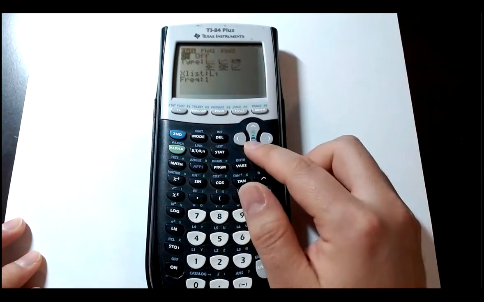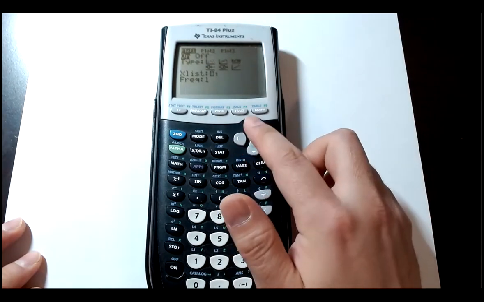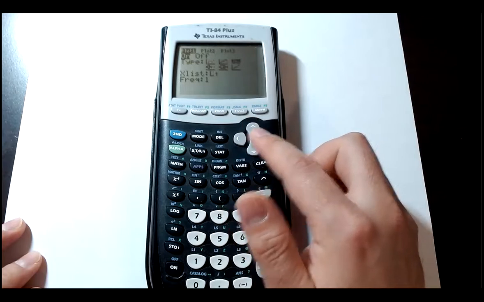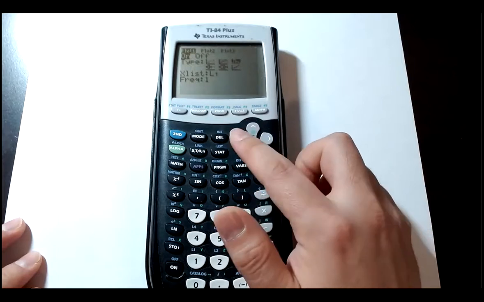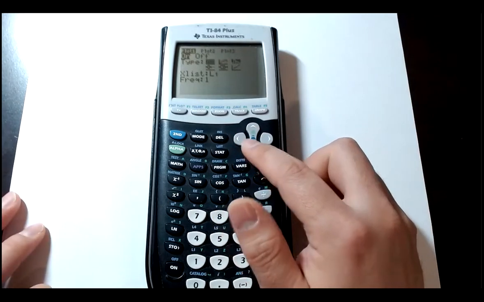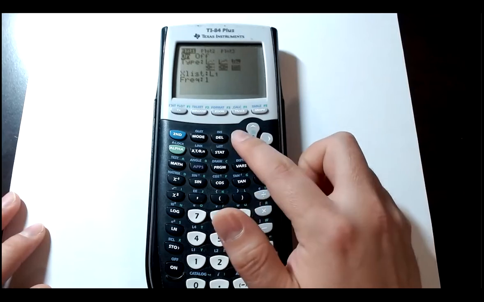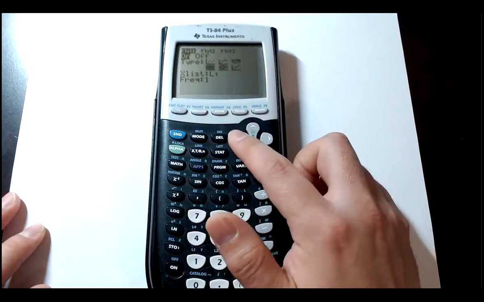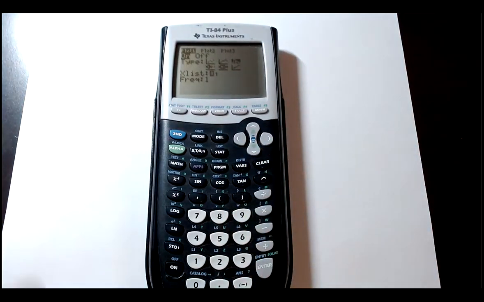Now make sure that you turn on Plot 1, and then we select the type, which we should choose histogram, right? This one is the polygonal frequency graph, and this is the box plot, and this is the regression plot. But anyway, we choose histogram right here, and then for Xlist, we put the name of the column where you entered the data.